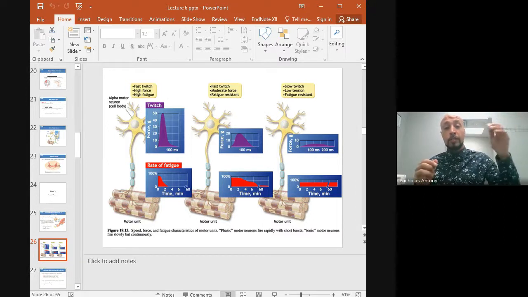You already have lower motor neurons that are strategically fast twitch, and you're going to start transitioning the other ones to have fast twitch characteristics. You're not changing the connection. You are changing the composition of the muscle fibers.